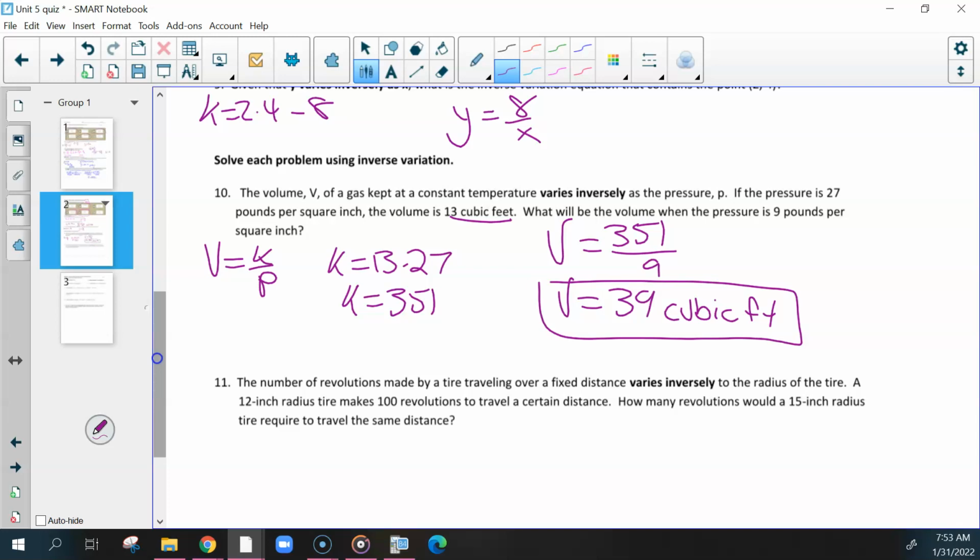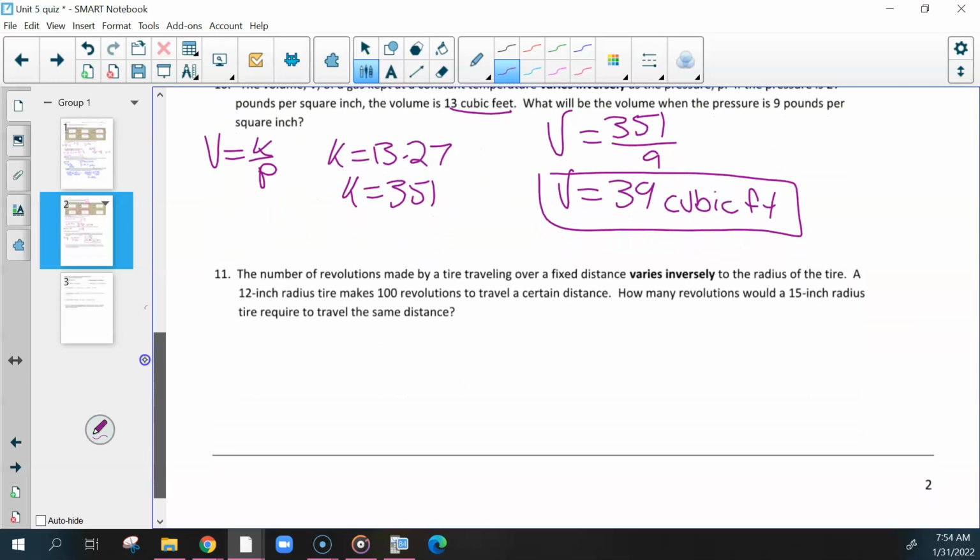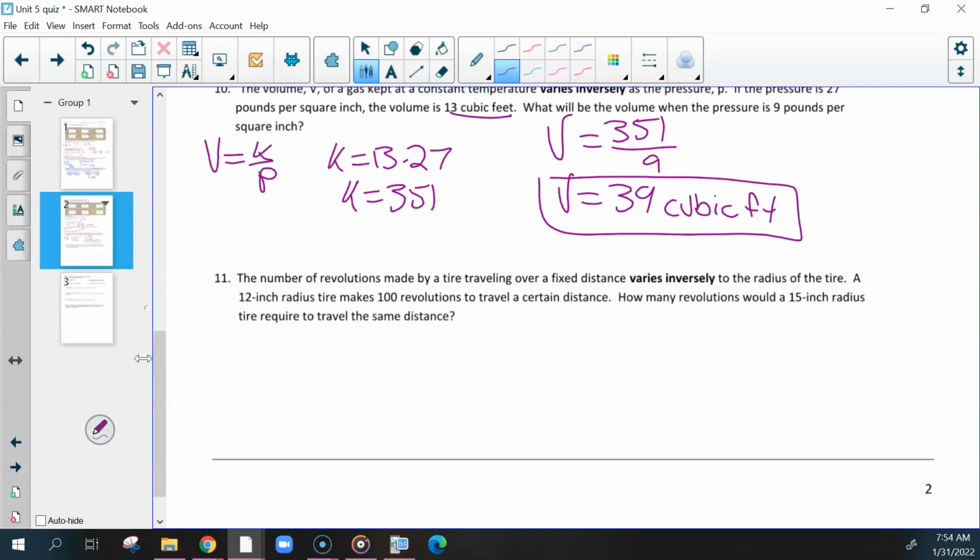For these two, no matter which way you solved it, you need to set up your original equation for these. Do you have any questions on 10?